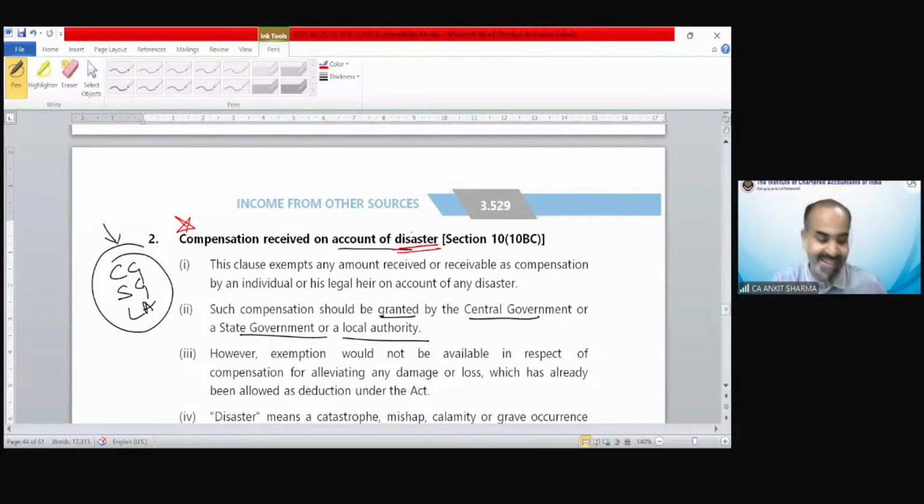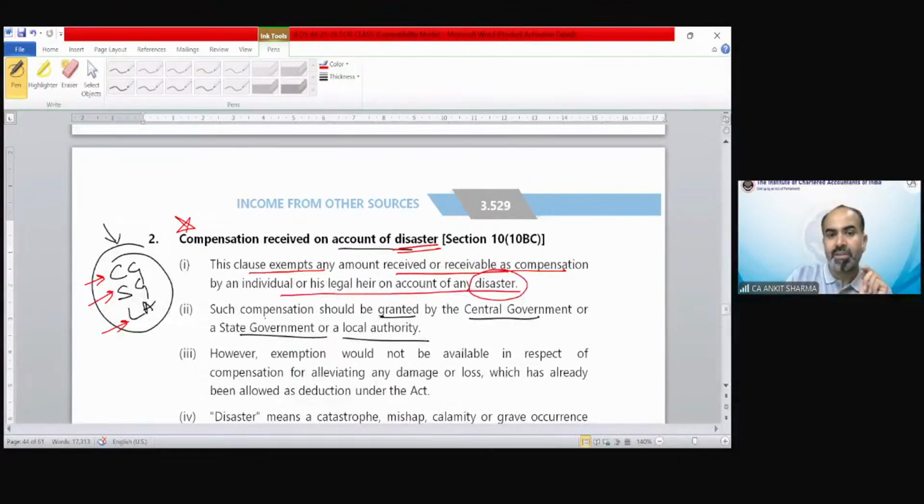If any disaster happens like flood, typhoon, hurricane, etc., and if the government provides any compensation due to that disaster, whether by state government, central government, or local authority, that compensation is going to be exempted in the hands of the receiver. But remember, only if that compensation is received from the central government, state government, or local authority. This clause exempts any amount received or receivable by an individual or his legal heir on account of disaster.